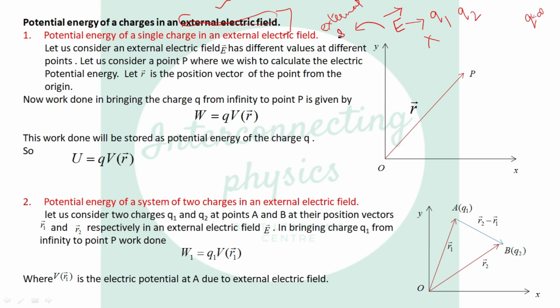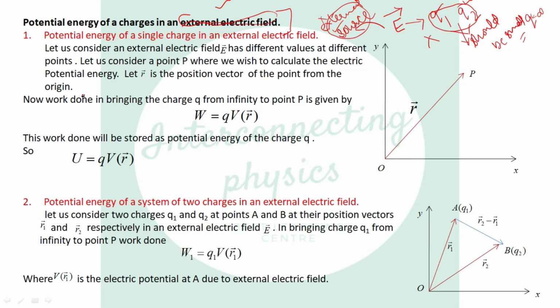The given charges Q1, Q2 we take here should be small, so that they will not disturb the position of the external source. And we are not interested in the electric potential energy of the source charge. We are interested to calculate the electric potential energy of these charges, that is Q1 and Q2.